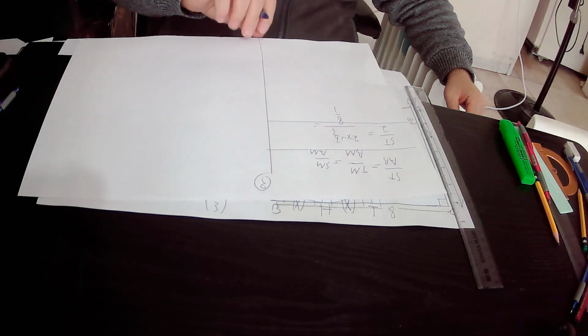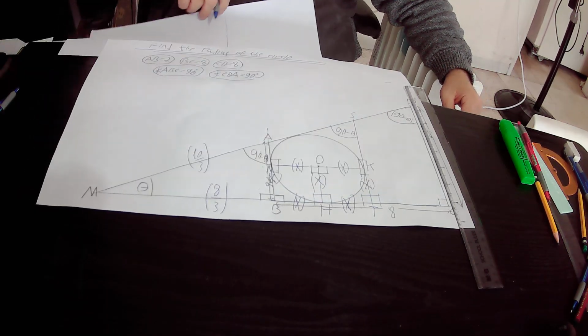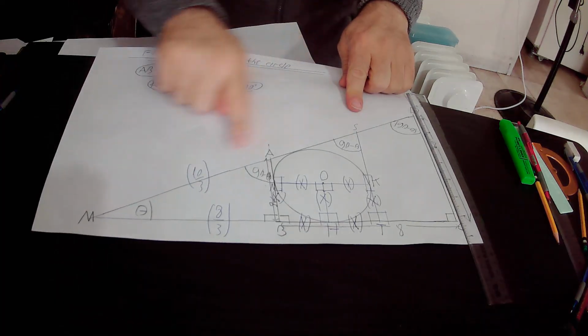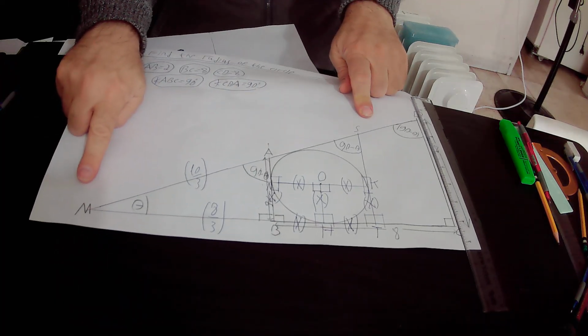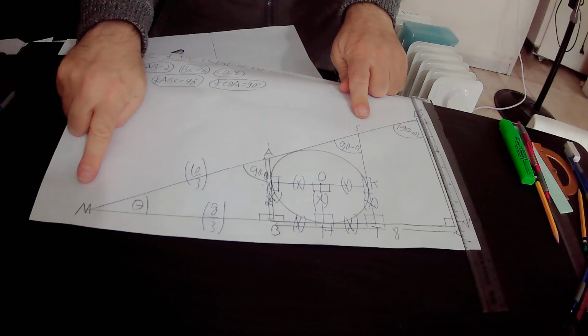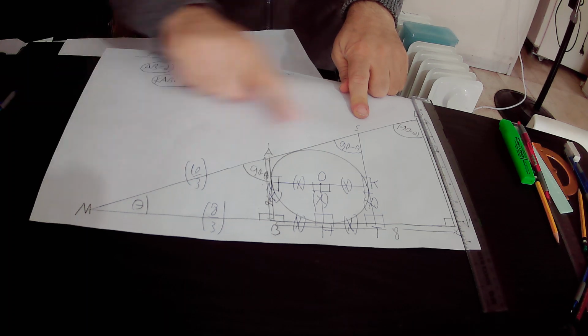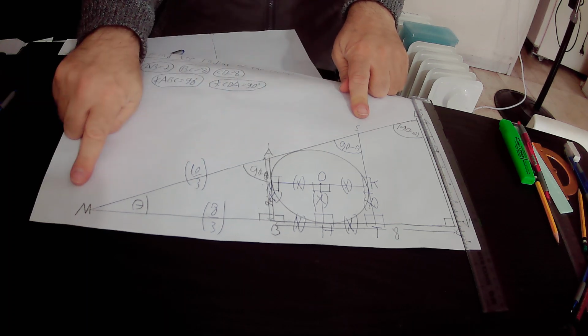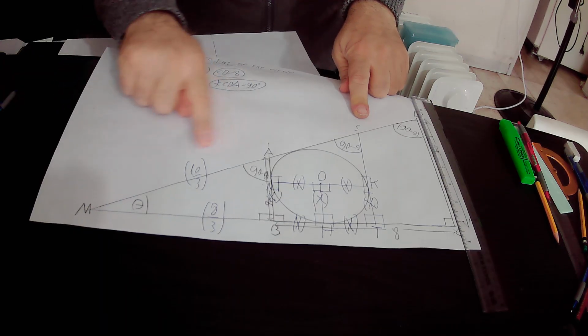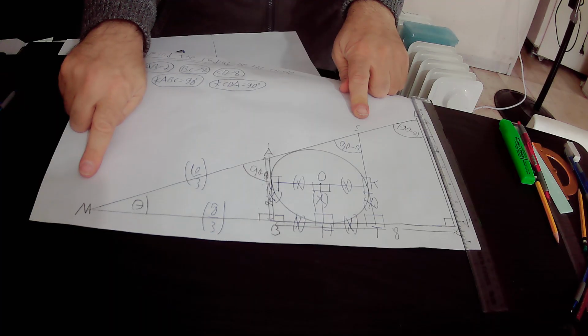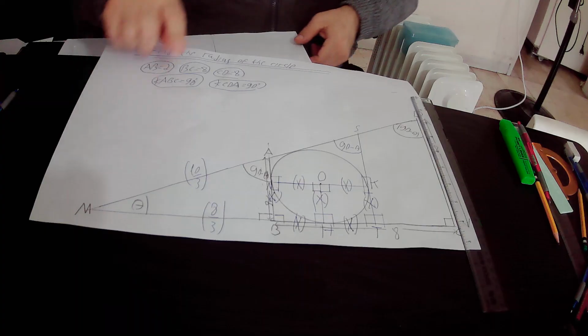And it is also equal to SM over AM. From the drawing it is very easy to see that SM, the hypotenuse of the middle triangle STM, in total equals SA plus AM. So SA is the missing side, so we leave it as it is, plus AM, that is 10 over 3. So in total SM equals SA plus 10 over 3.